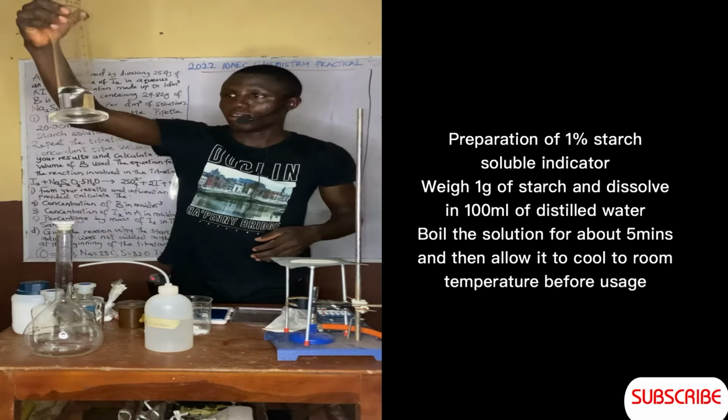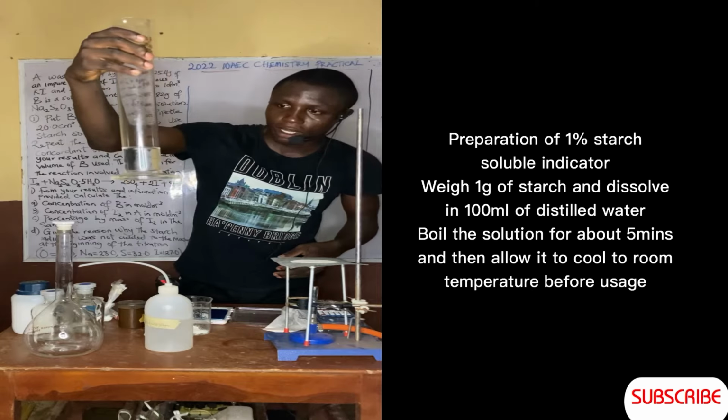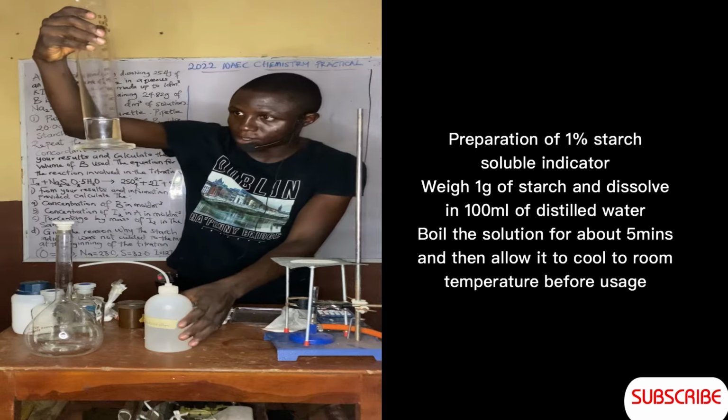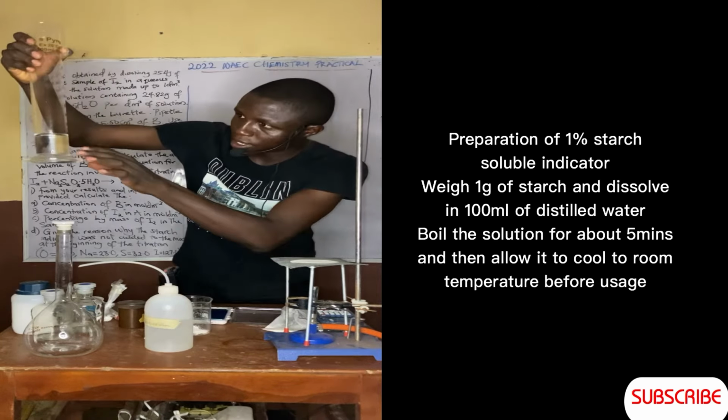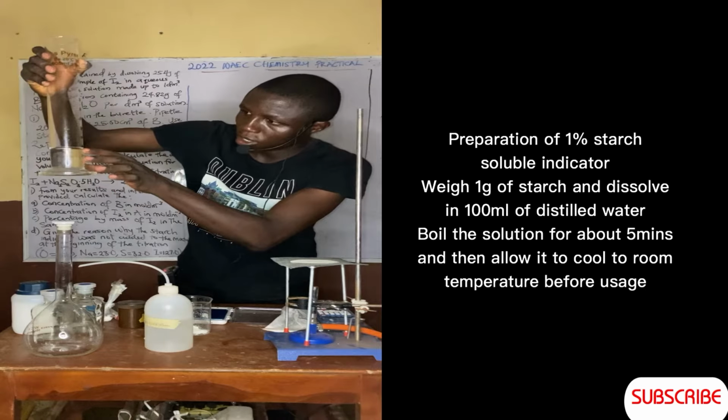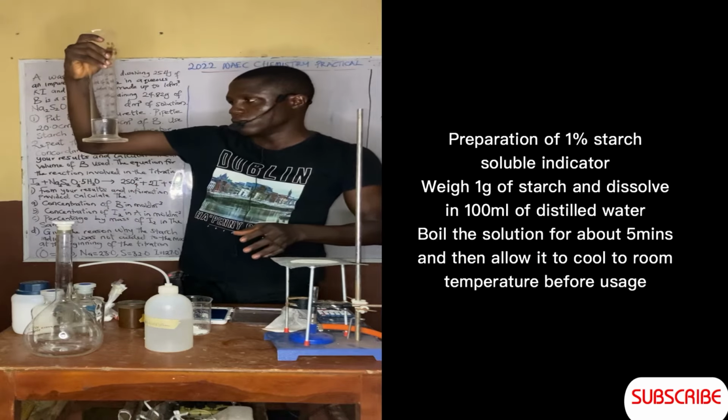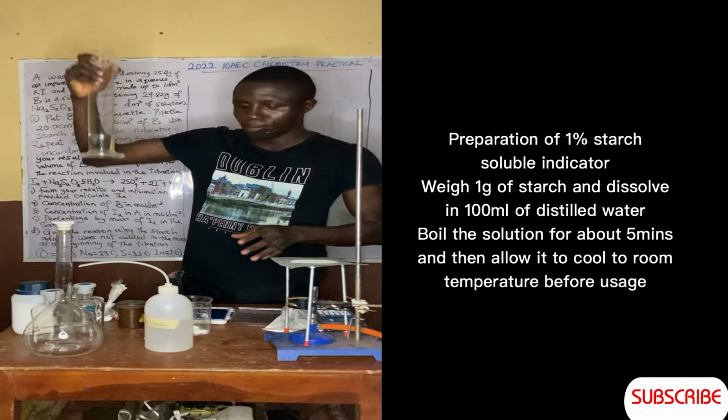So here we have 100 ml of distilled water. Okay, it's now up to that place. You can see that this is 100 ml of distilled water. Make sure that it is accurate. This is exactly 100 ml.